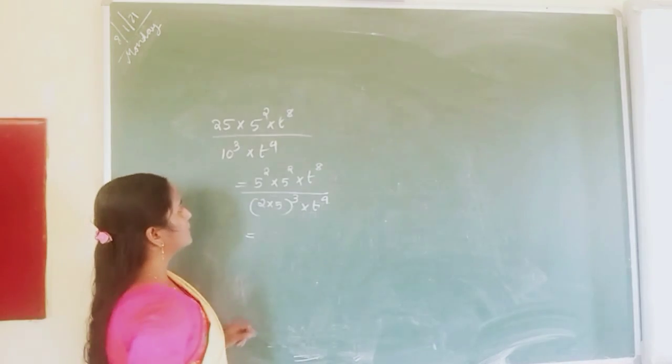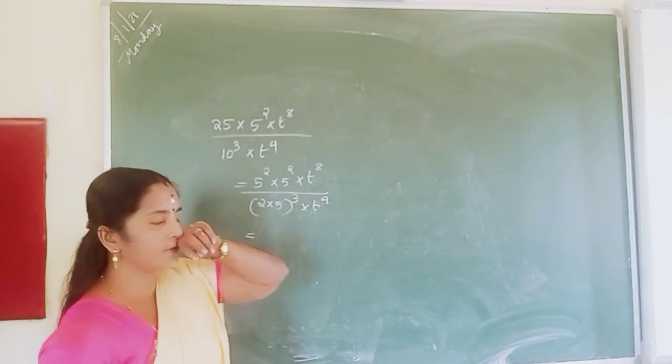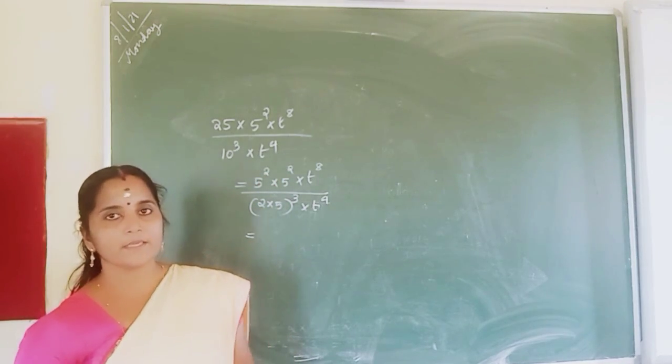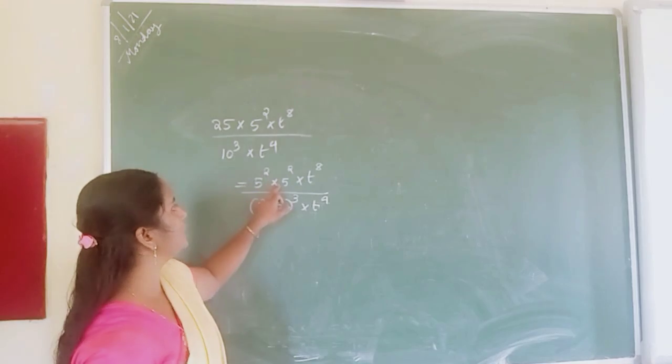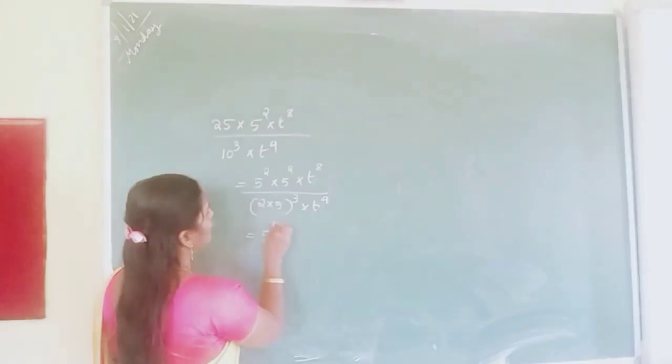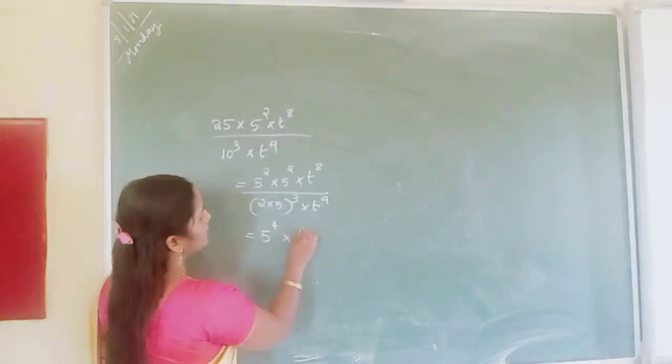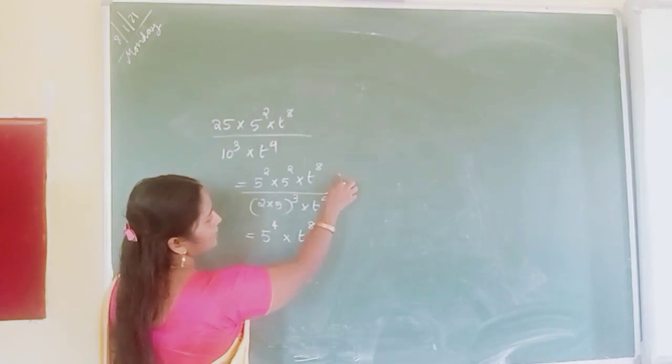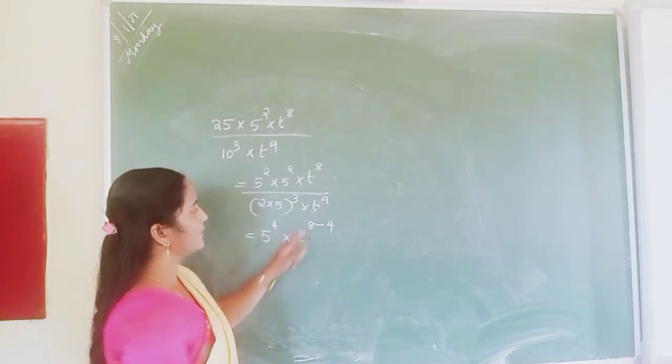Okay. Then 5 raised to 2 into 5 raised to 2. Which law do we apply here? a raised to m into a raised to n. So what do you get? 5 raised to 4 into t raised to 8 minus 4 by t raised to 4.